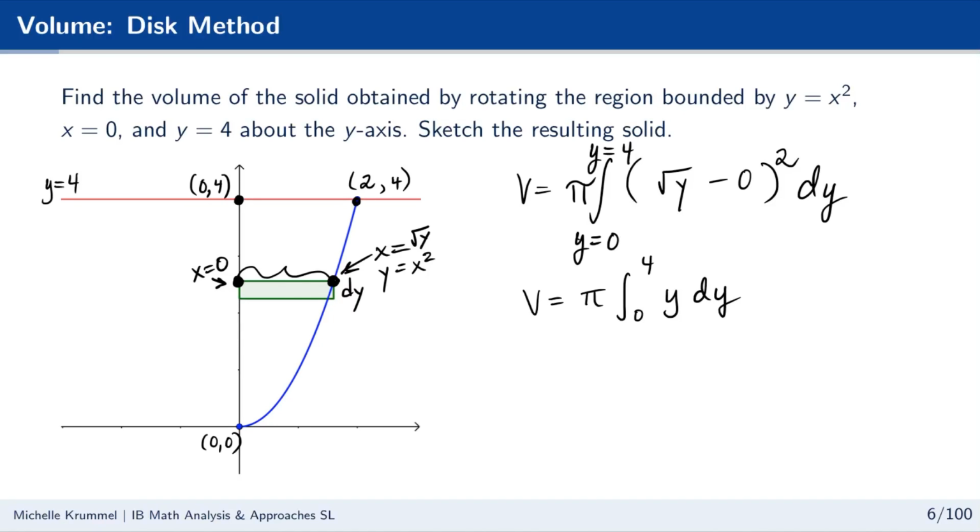And then we're ready to integrate that. The antiderivative of y is y squared over 2, and we're evaluating from 0 to 4. So we sub in our upper bound, we get 16 over 2, minus, sub in the lower bound, we just get 0, and so our final answer here is 8 pi.